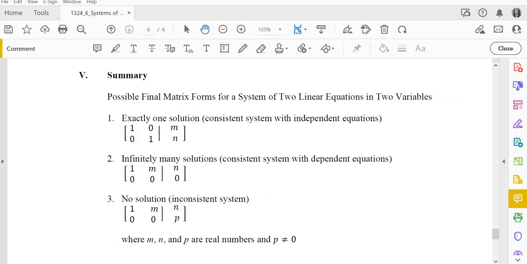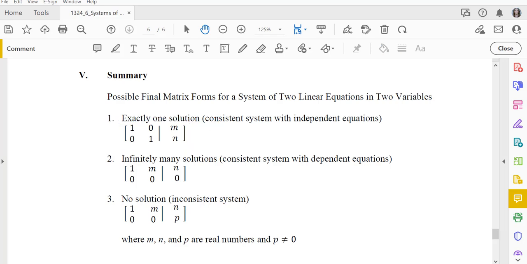All right, the last part of these notes, the summary. We're going to talk about this later too in the next section. But the possible final matrix forms for a system of 2 linear equations and 2 variables, you have to have one of the 3 situations. This is the situation we've seen in the previous 2 examples.